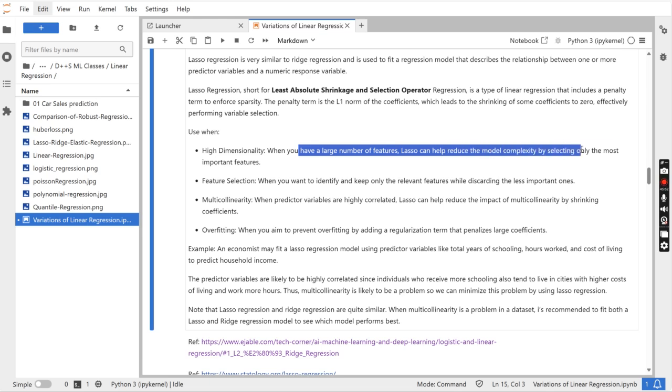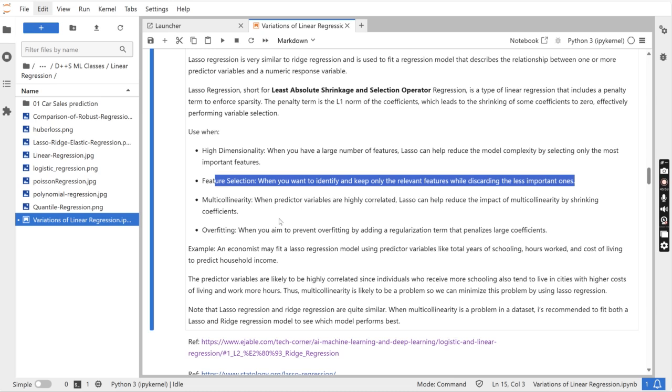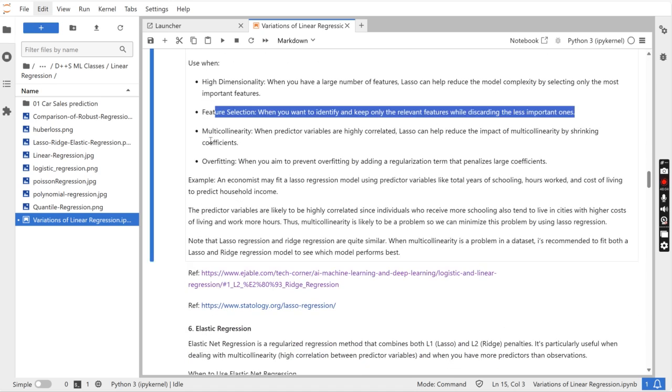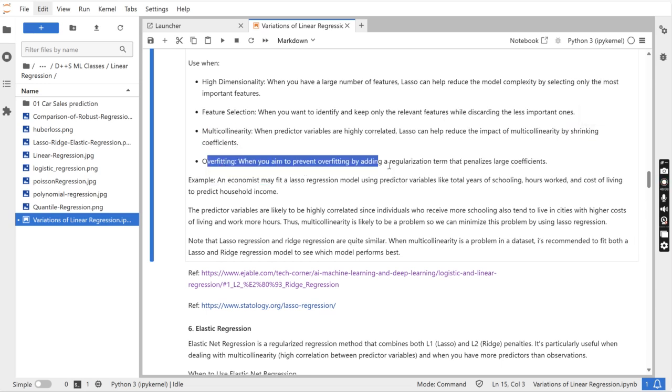It can help reduce the model complexity by selecting the most important features. And how is it doing that? By shrinking the coefficients to 0. It can be used when there is multicollinearity, and also when there is overfitting, when the model has learned the training data excessively well. That is when you can use lasso regression as well.